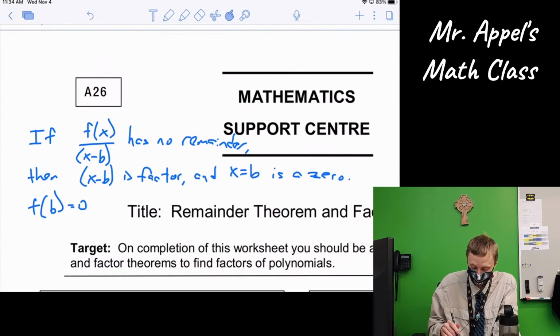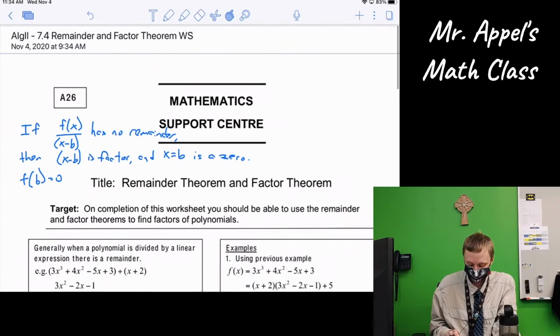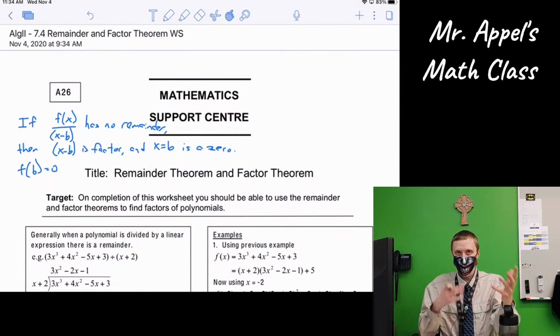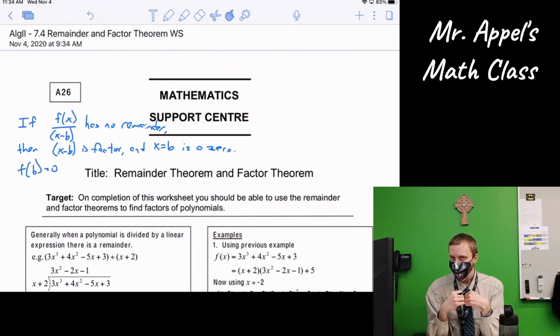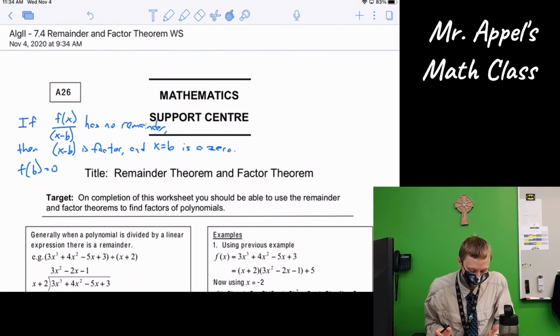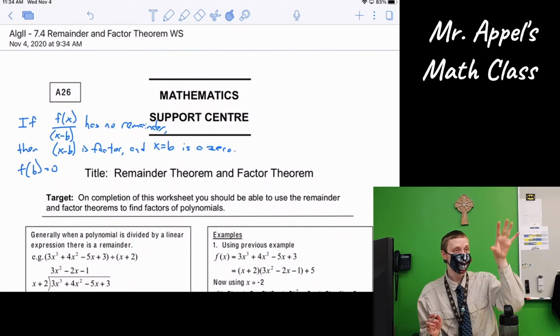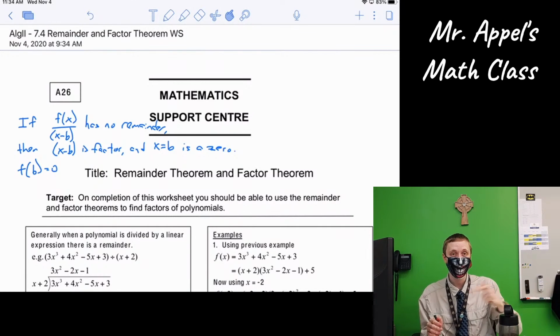That's what this theorem for today is telling us: that the remainder and the factors have a very intimate relationship with one another. And you can use that to test things using whatever method is easier. If synthetic division is real quick and easy for you, go for it. Test it. Hey, boom, it worked.